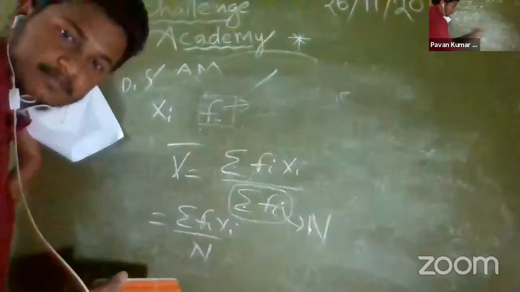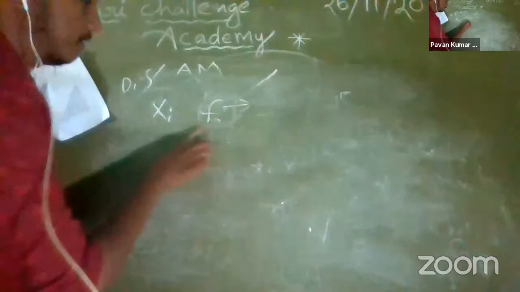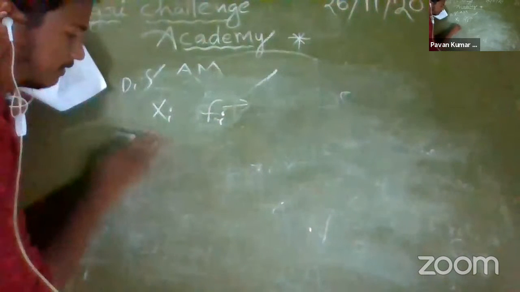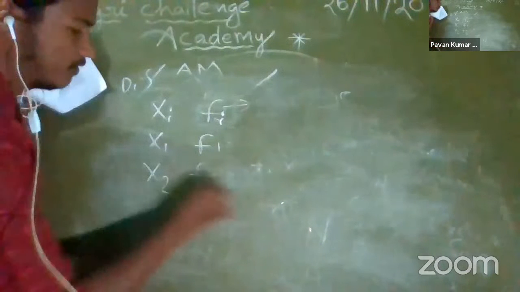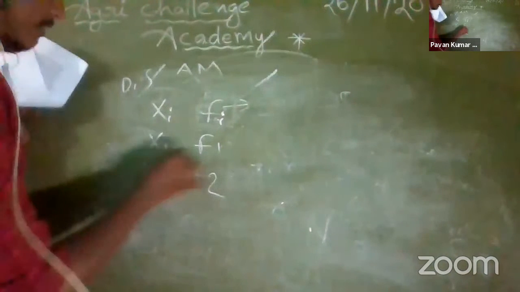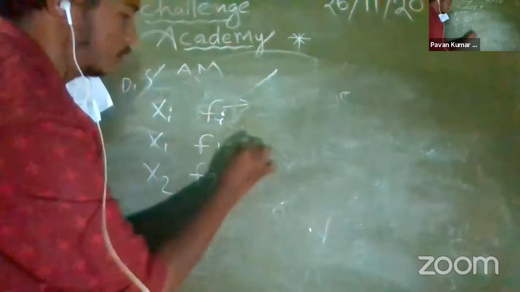The proof is: xi with corresponding fi. This is x1 with f1, x2 with f2, like this. Suppose this frequency is 2 times, and this is 3 times.